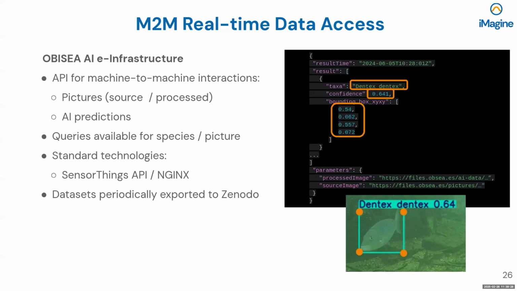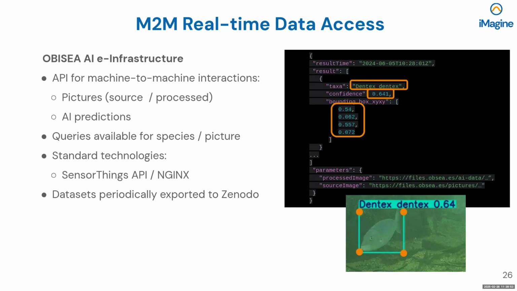On the right we have an example, a standard JSON API response, where we have the taxa detected, the confidence of the detection, and the bounding boxes of the fish. You can even get the link to the original image and the link to the processed image with the bounding boxes. So if anyone wants this data in real time, it's possible. It's freely available. Anyone can use it.